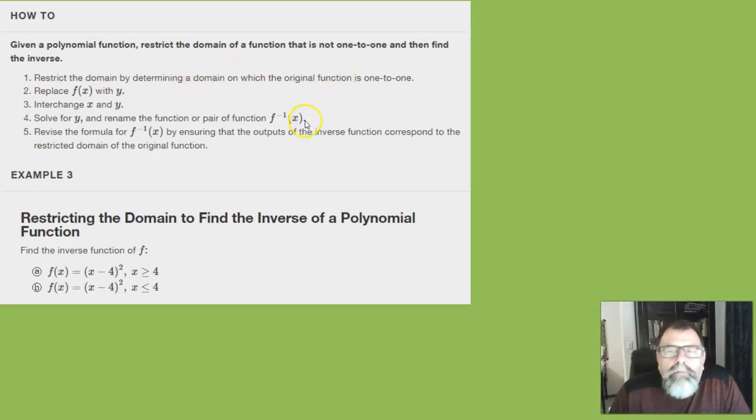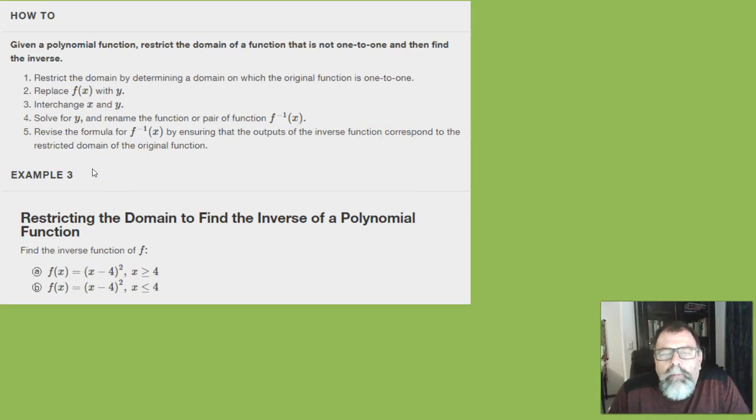So you're creating a new function where you restrict the domain and it becomes one-to-one. Then we do the same thing as before: replace f of x with y, interchange the x and y, solve for your new y, and rename the function f inverse of x.